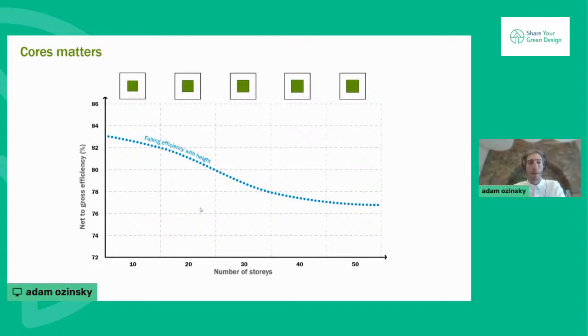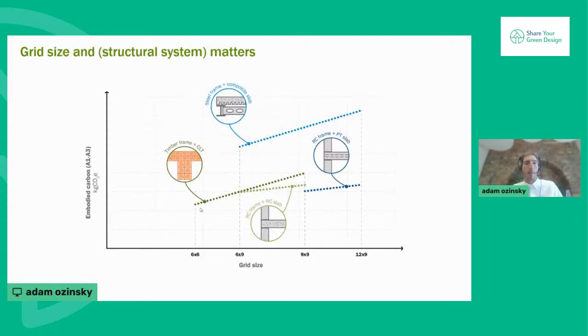I might spend a little bit of time on this one, which is the idea of grids and structural systems. So I think there's a number of points here that go together, but fundamentally, grid size is extremely important. There's a propensity in London, particularly, to have really big grids. 12 meters by 9 meters are not uncommon.